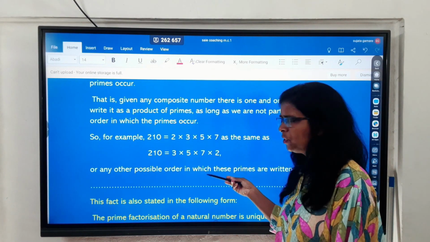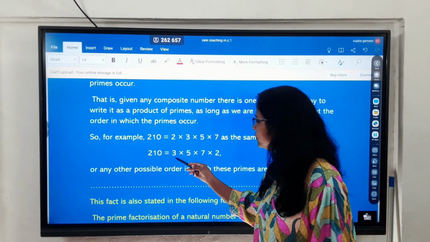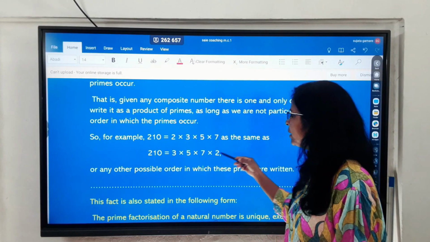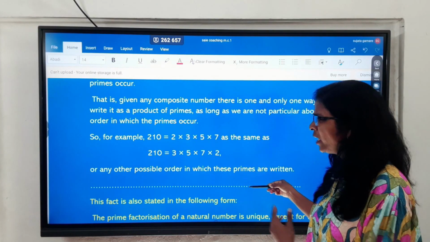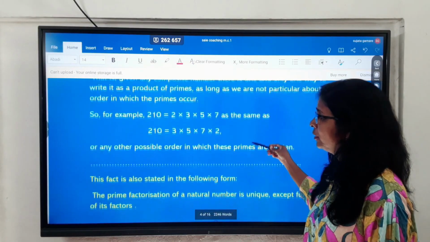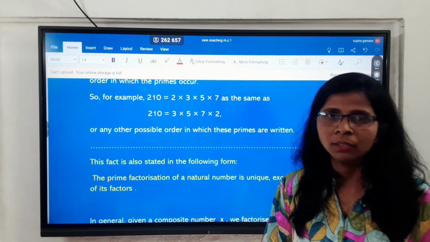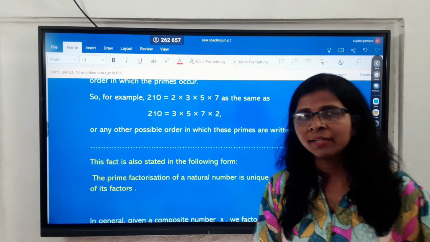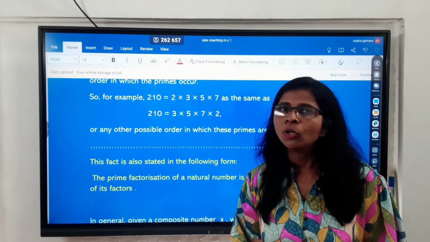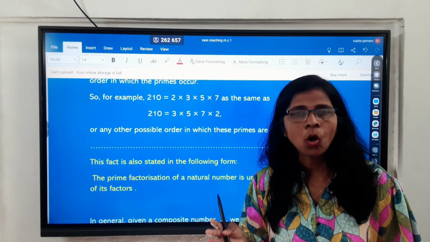As well as any other student can write 3 multiplied by 5 multiplied by 7 multiplied by 2. Or there could be another possible order in which the primes occur. So this way you can factorize in a unique way, or in the ascending order.